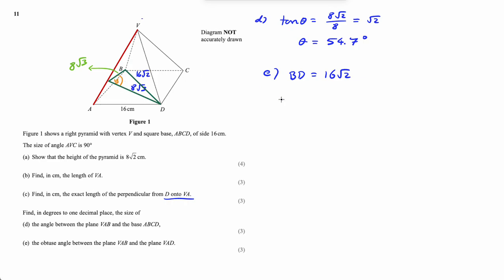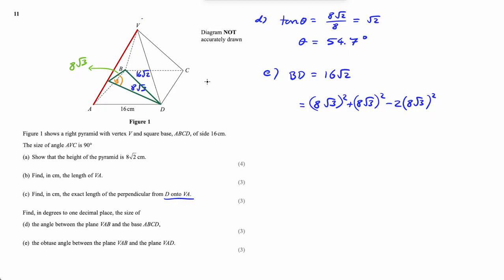And now I can just use the cosine rule. So cos Y is equal to this squared, 8√3 squared, plus 8√3 squared, minus... sorry, this is not the cosine rule. What am I doing?